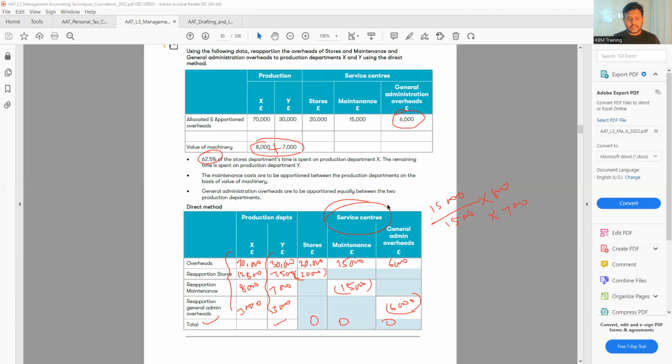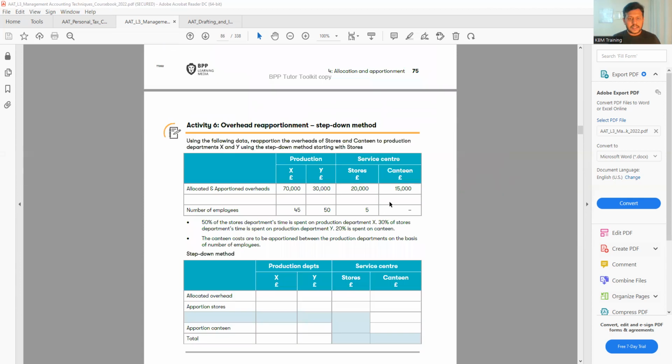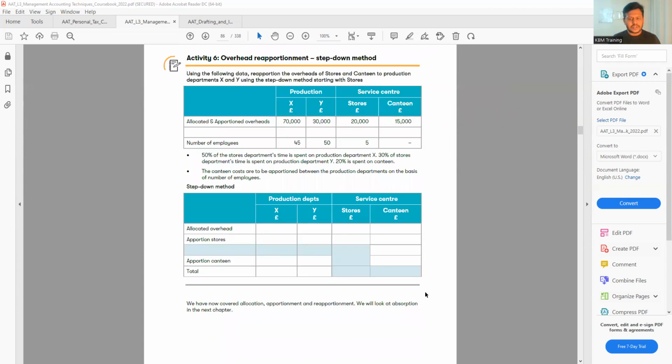So the next one we have here, the step down method, is quite simple as well, but we have to understand it a little bit. Same thing. So we have a production, X and Y, we have a service, 2 department store and the canteen. So 50% of the store department time is spent on the X and 30% is on the Y, 20% on the canteen.